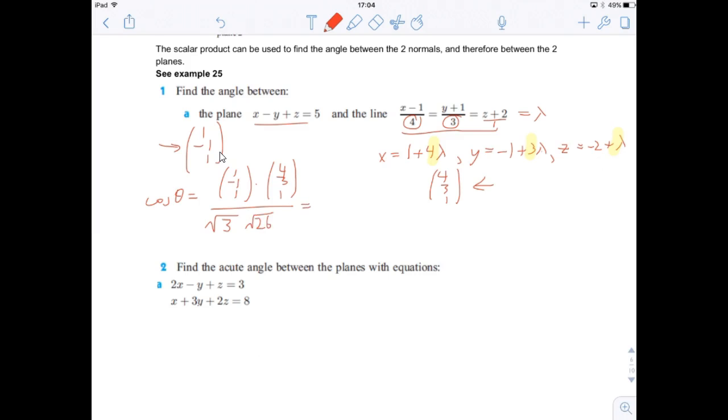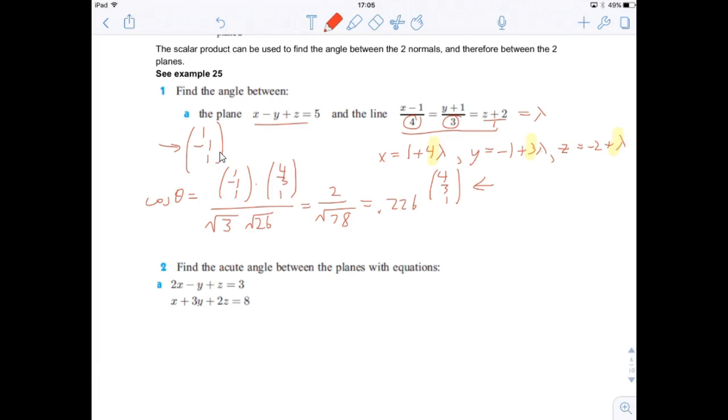And the scalar product at the top would be 4 minus 3 plus 1. So 5 minus 3, which is 2. And the bottom would be square root of 78. So the ratio here, 2 divided by square root of 78, is 0.226.